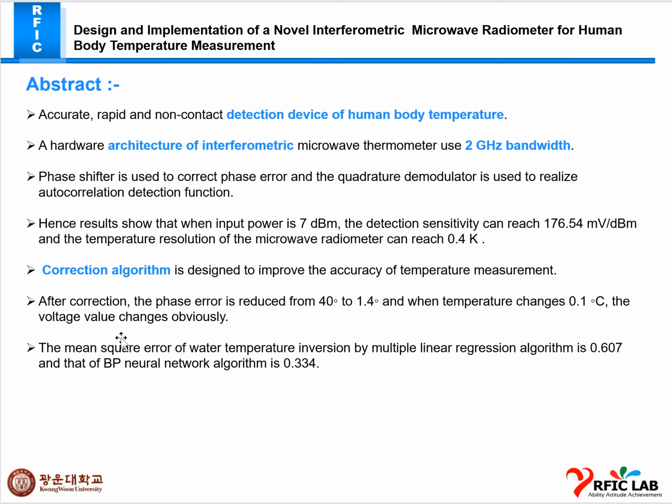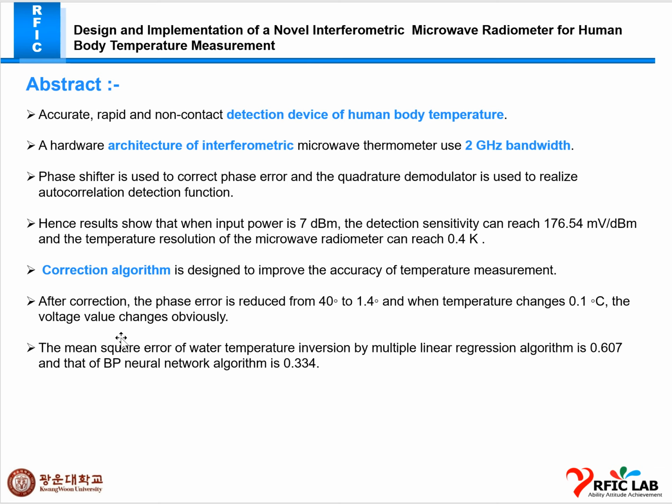And in this week I have studied many algorithms also, which I will describe in detail in further slides, like the correction algorithm, which improves the accuracy of the temperature measurement. After correction, the phase is reduced from 40 degrees to 1.4 degrees Celsius, and then the temperature changes by 0.1 degree Celsius.